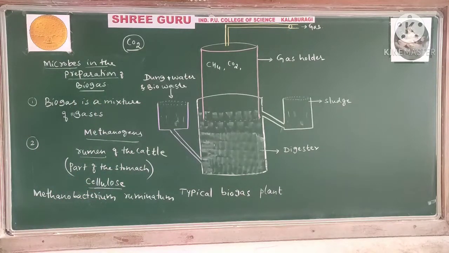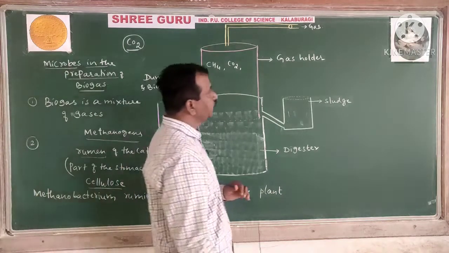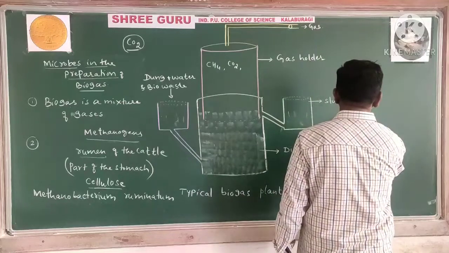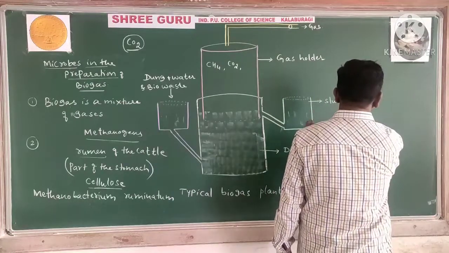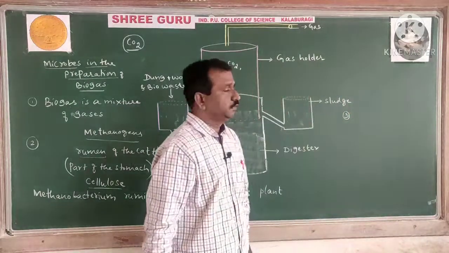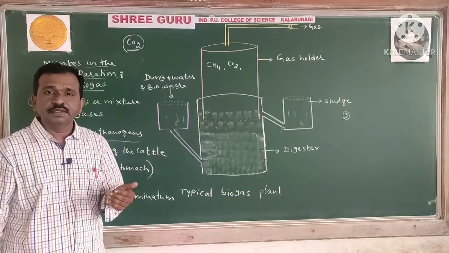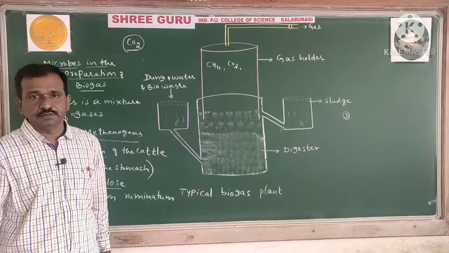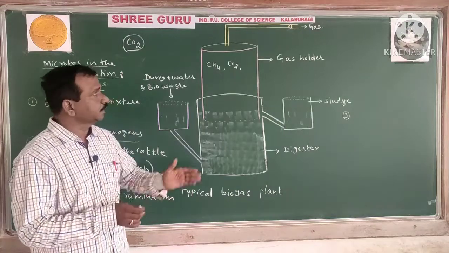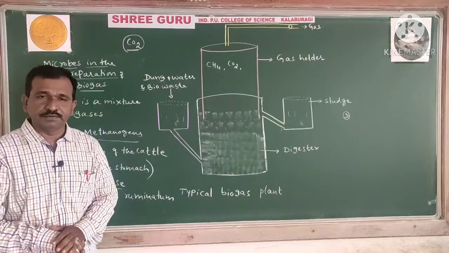Now, the third point we have to observe. Note the third point. Usually farmers are rearing the cattle. In the villages they are constructing the biogas plant.